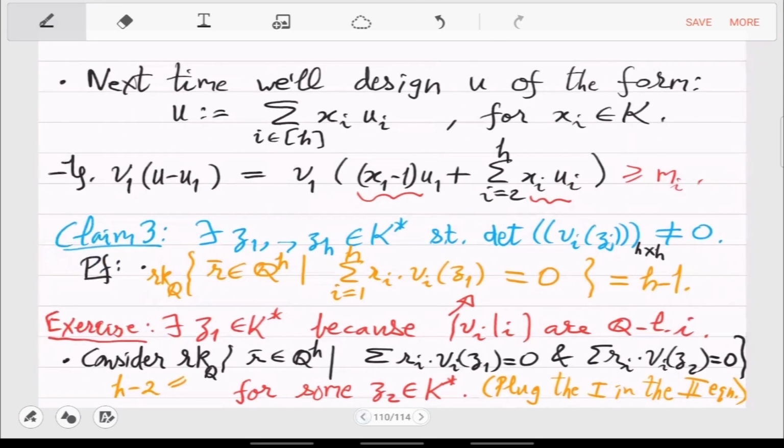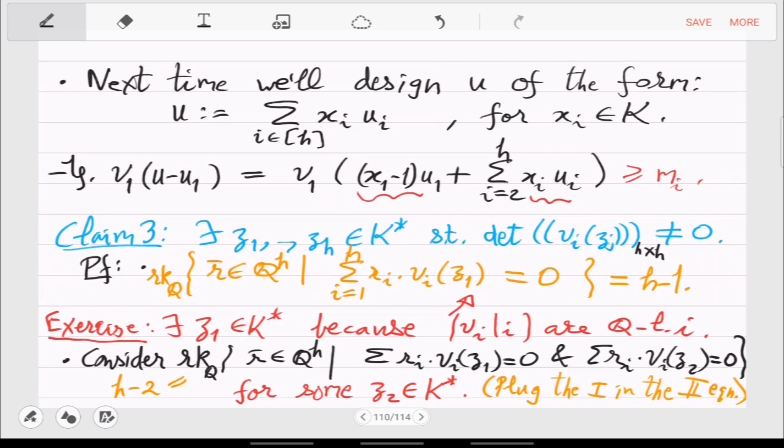Yeah, I don't think I needed to do all this. I could have also said in the beginning that just because the vi's are linearly independent functions, you should be able to find z1 to zh. For example, if you just picked randomly from the function field, you will actually satisfy this determinant being non-zero condition. But I guess you get some idea of the proof also.